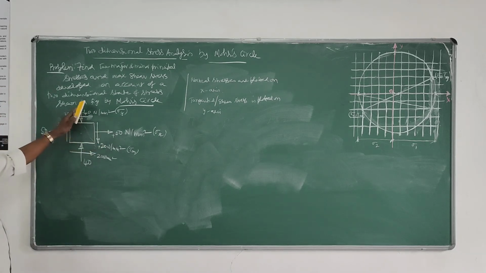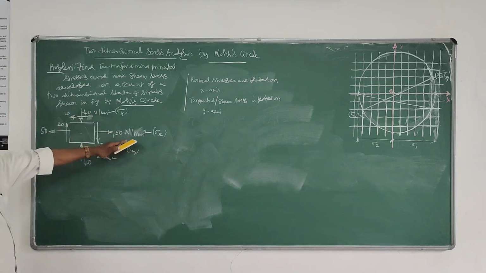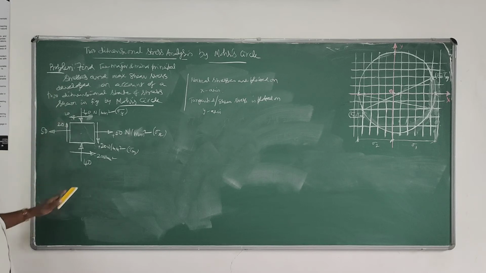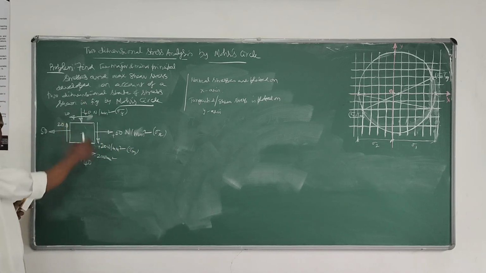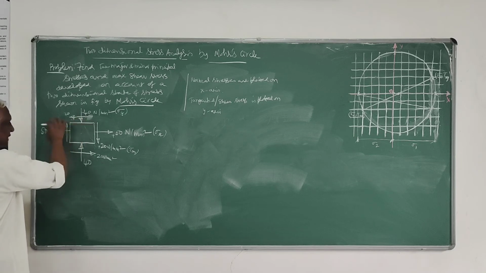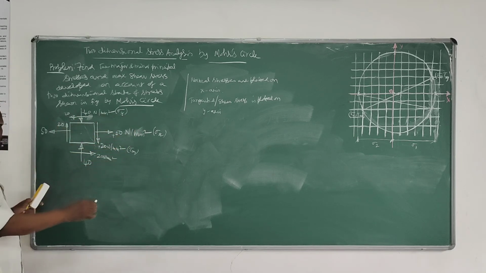Here, there are two normal stresses. One is sigma x, another sigma y. First, I plot sigma x. So sigma x will be acting on the vertical plane, and sigma y is acting on the horizontal plane, because it's a two-dimensional thing, one vertical plane and one horizontal plane.